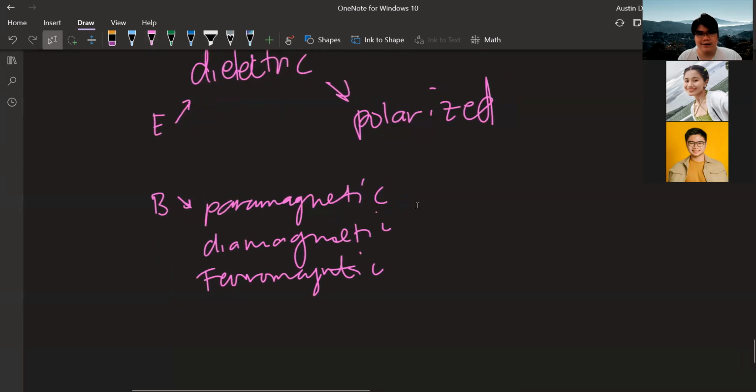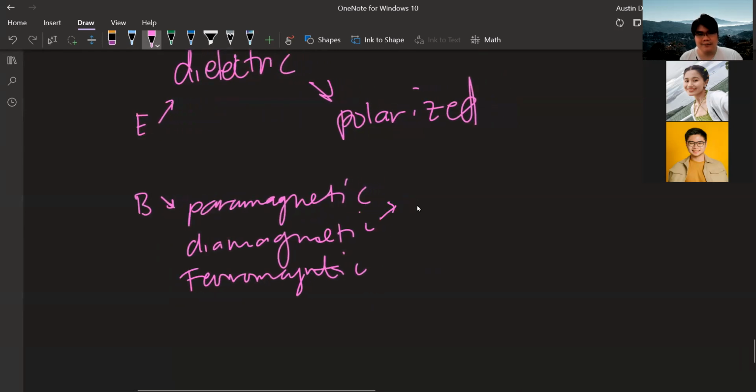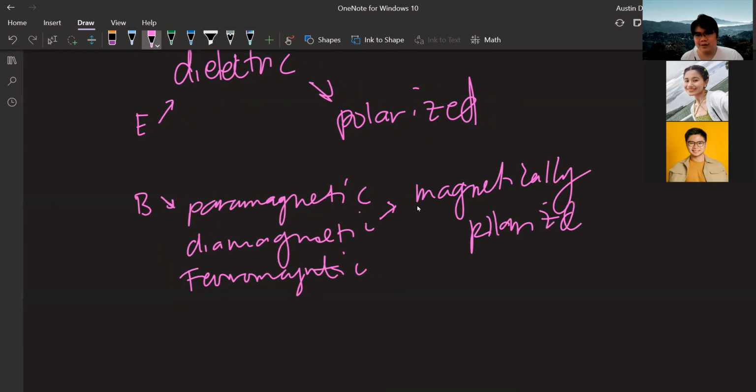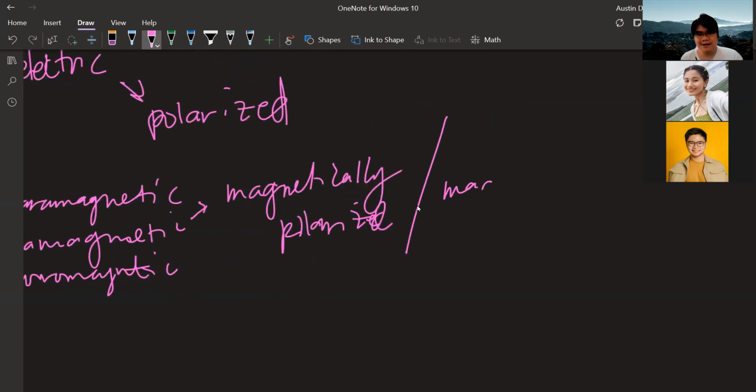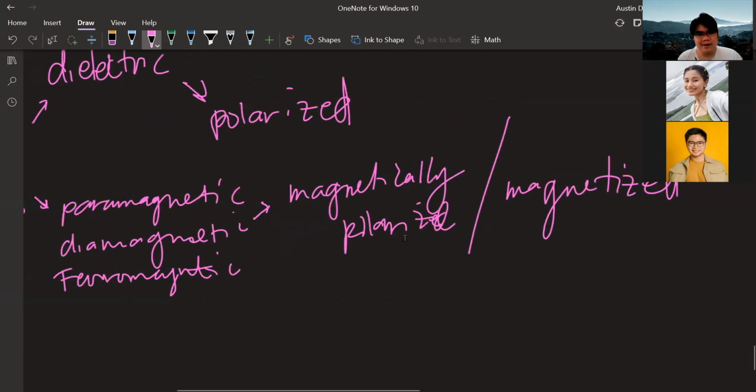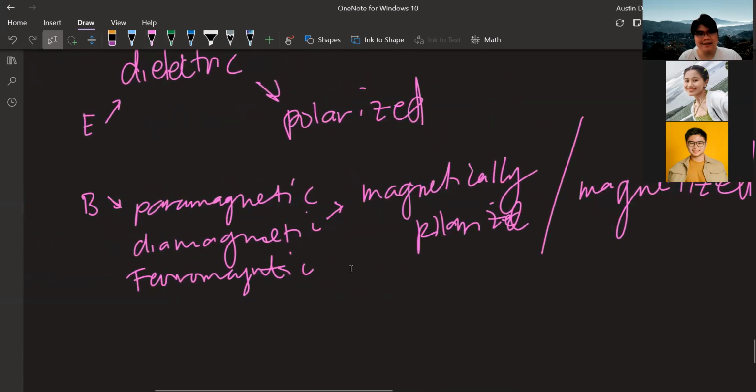Okay. That would become magnetically polarized, or tinatawag nating magnetized. Okay, magnetized yung tawag sa kanila.